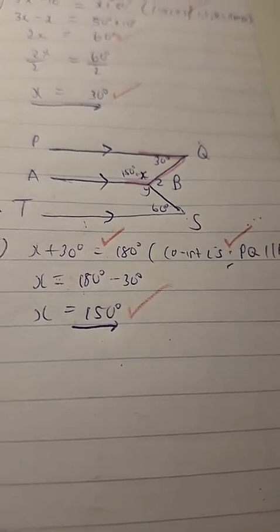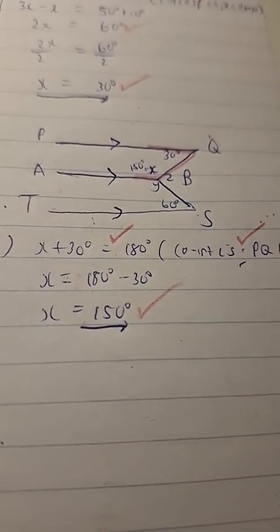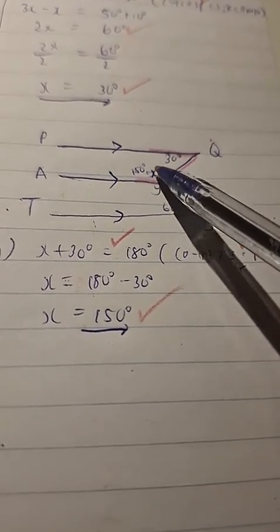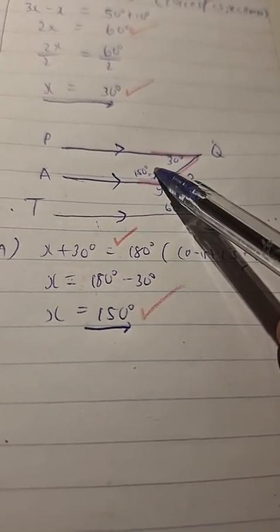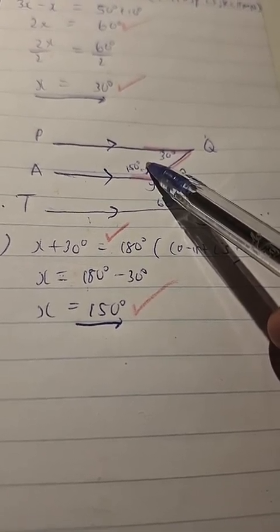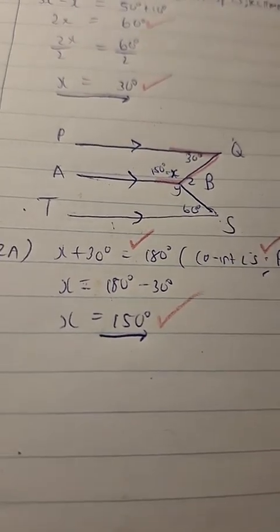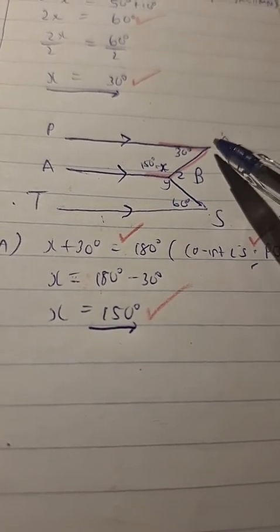Portia says Z plus Y plus X equal to 360 degrees, angles reflex, Z equal 360 minus 120 minus 150 equal to 90.